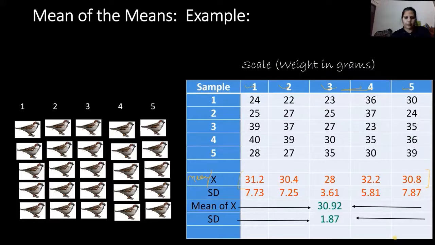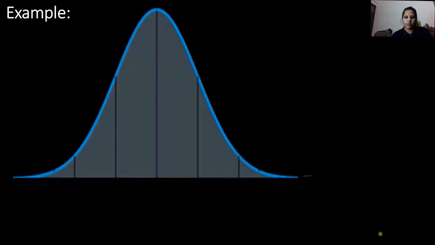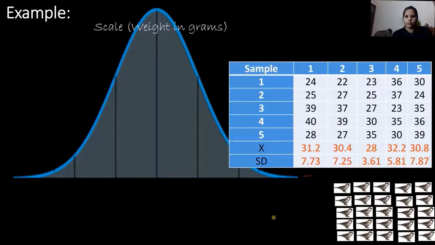So now we will see how these values of mean and standard deviation can be shown on a normal distribution curve. First I'll plot values of the primary data set of 5 sampling efforts, where if I put these standard deviation values on the baseline of this graph, you can see that the extreme corners of this graph are marked with 7.